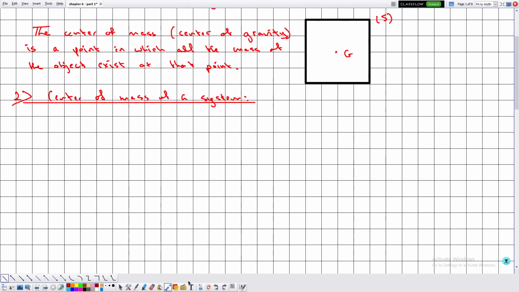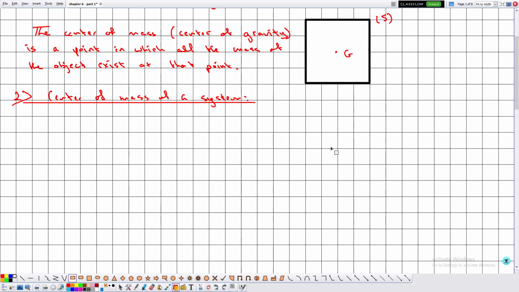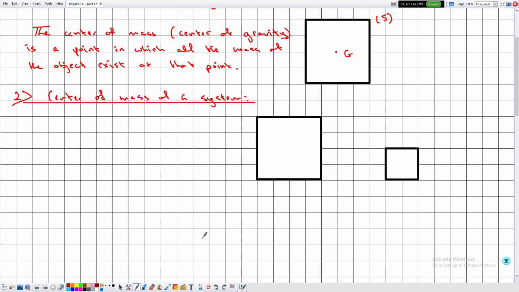And for this reason, let me consider the following. Whenever we mention a system that consists of several objects, let me consider two objects. Say, for example, this is the object A, and another object given by B. Suppose that this is the solid A and this is the solid B. Now let me represent the center of gravity, or center of mass, of each object.